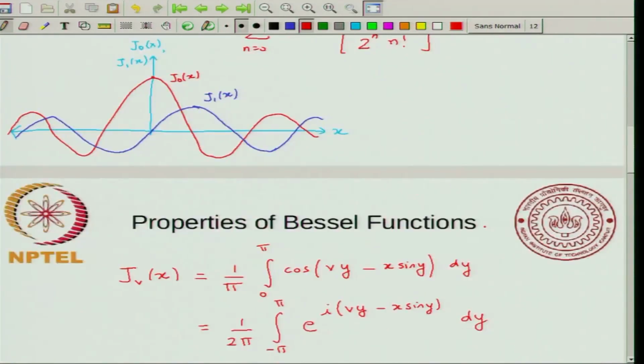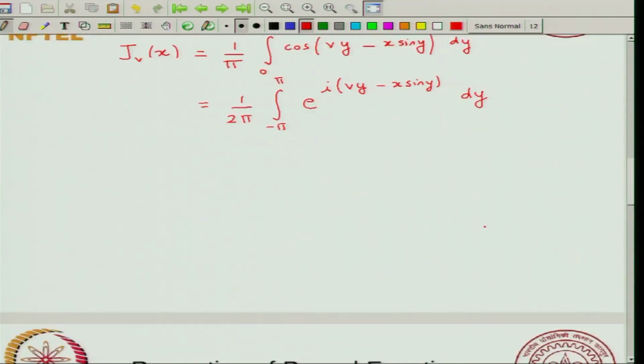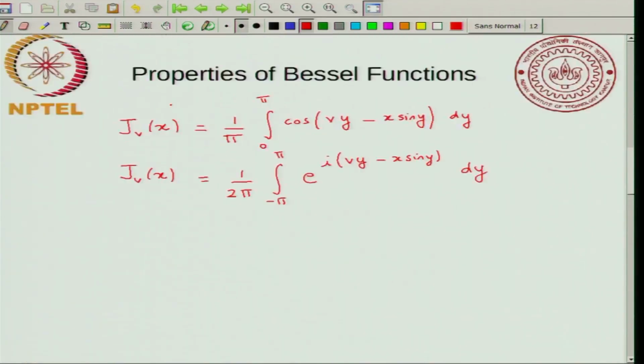You have to do a Taylor expansion and then do the integral, okay. But I won't bother with that. I'll just mention that this is one of the integral expressions. I don't expect you to remember these expressions, but these are good things to know. And in fact, Bessel had originally used some of these expansions to derive some properties of the Bessel functions.